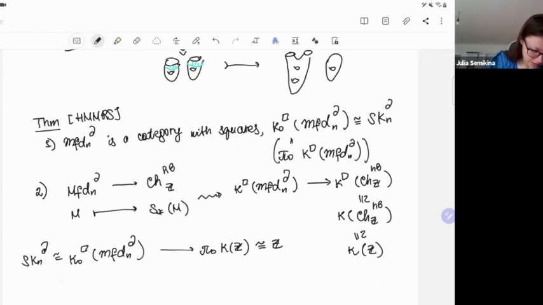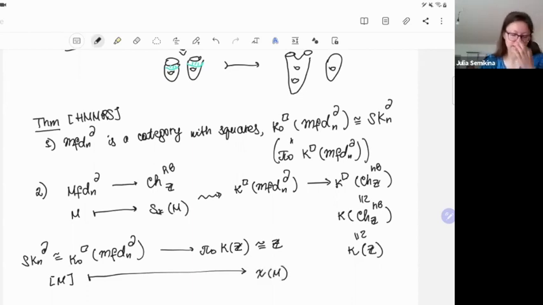This map is actually a very natural map, which sends, so in SKn delta, you know that every element is represented by a manifold, and it sends the class of the manifold to its Euler characteristic. So this is the second part of the theorem. So not only did we construct the spectrum, but we connected it to K of Z, and we lifted this Euler characteristic as a map of spectra.